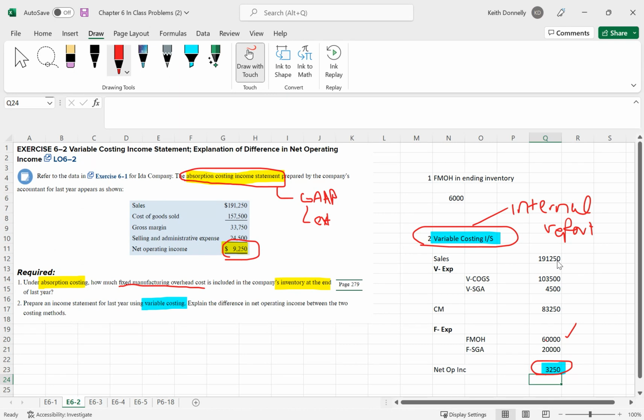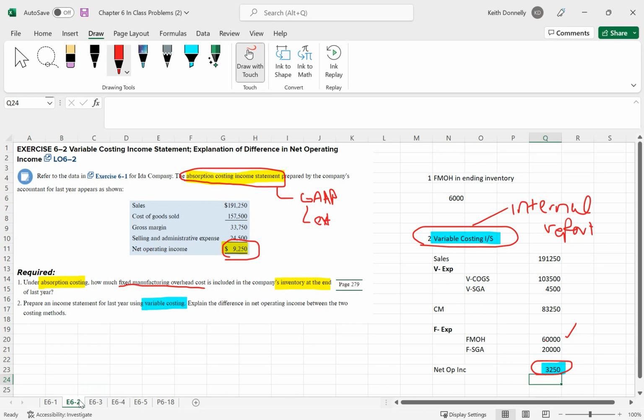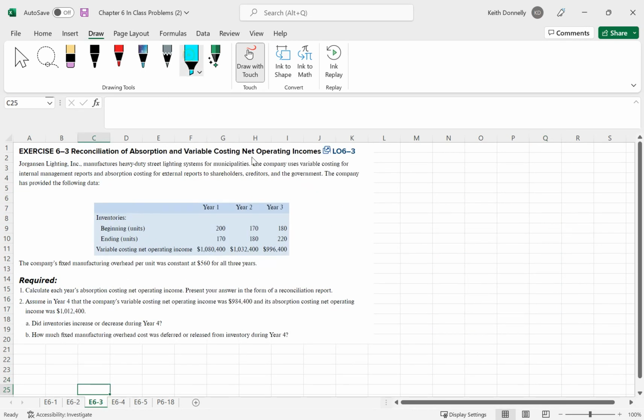All right, 6.3 here. Let's look at this guy. They're giving us some information here. We have a lighting company, and it looks like they are using variable costing for their reports, and they have the following information. So we are making variable costing blue.